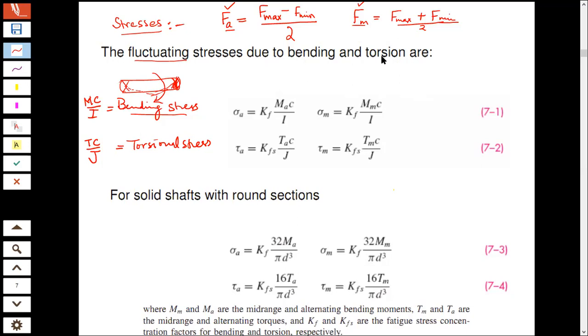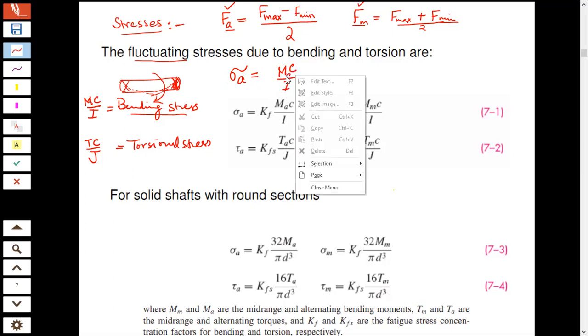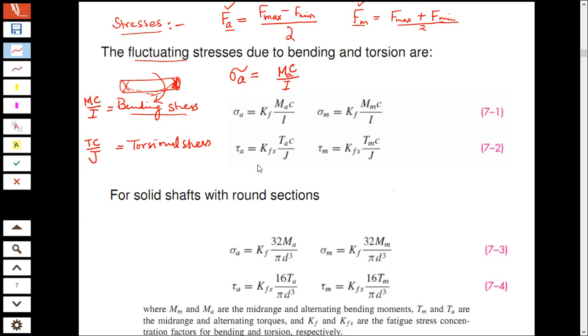So first of all, I'm talking about sigma A, which is the alternating bending stress. So that will be equal to MC over I, but M will be MA. Okay? So I'll just use the moment which is due to the alternating component. And similarly, I'll have a mid-range bending stress, which is MM C over I.